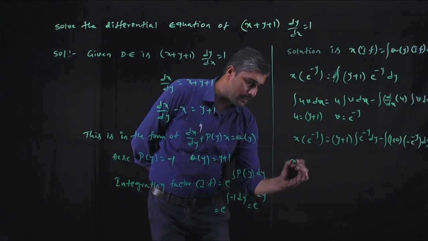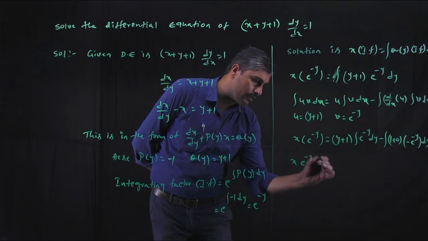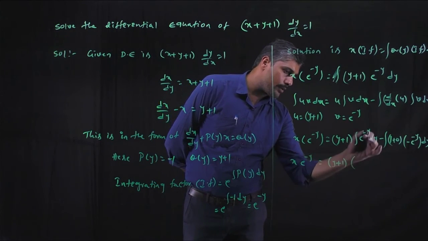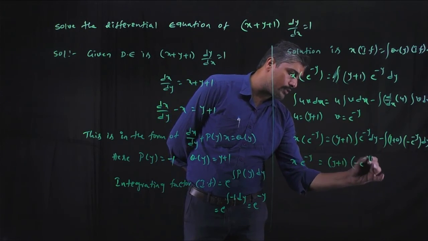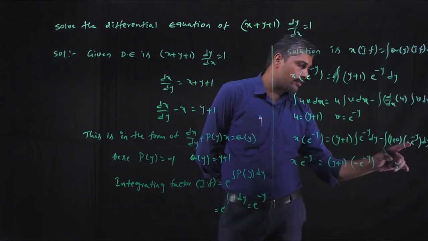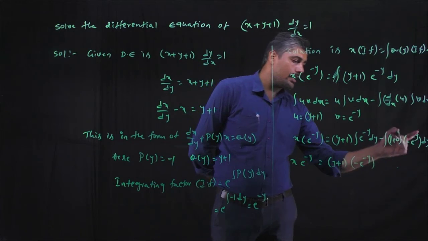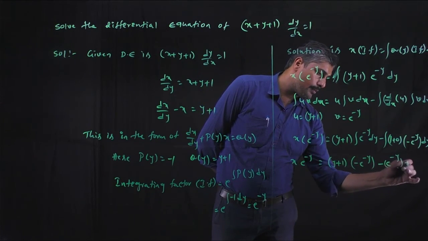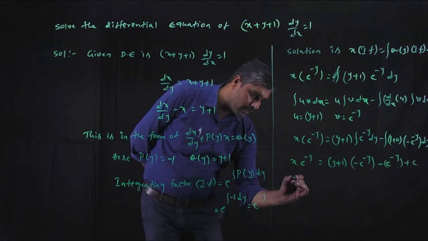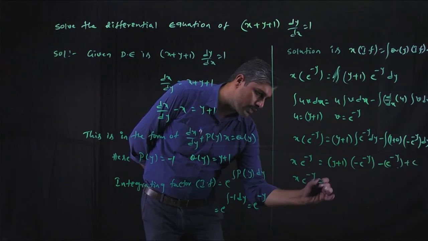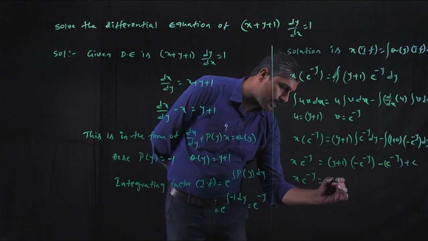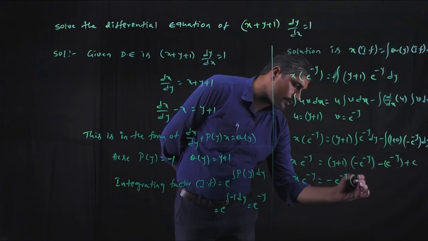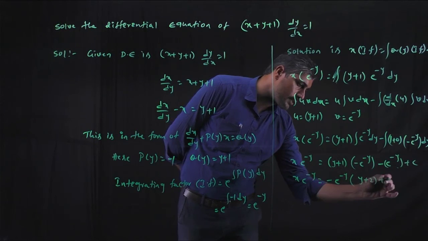Okay, x into e power minus y equal to y plus 1 into minus e power minus y, here minus into minus plus, once again integration, then we get e power minus y plus c. That is x into e power minus y equal to, take minus e power minus y common, then we get y plus 1 plus 1, that is y plus 2, plus c.